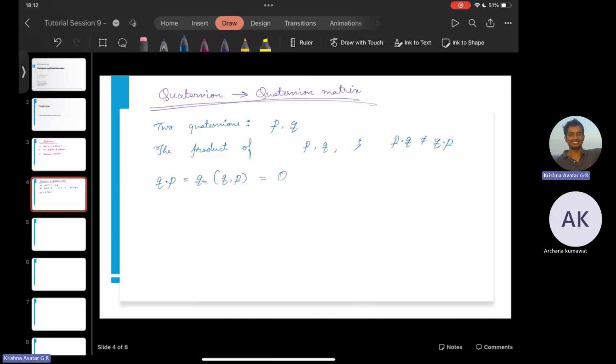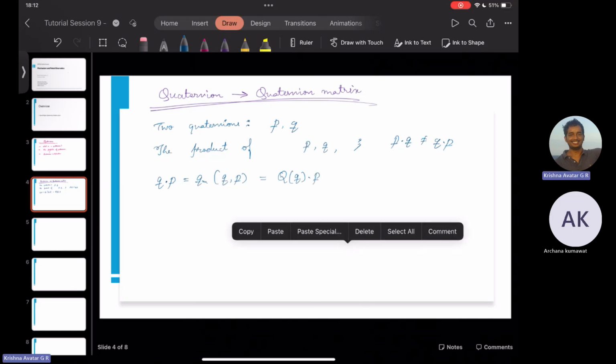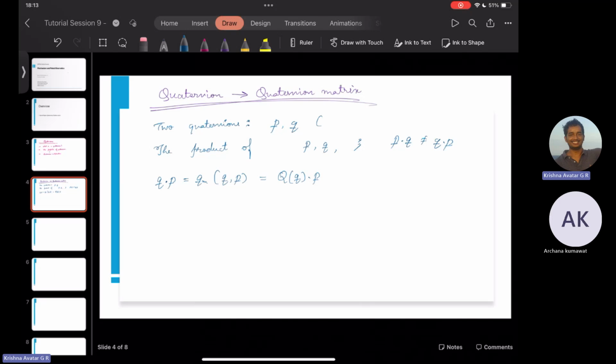And this can be written as a matrix vector product. This matrix, say Q matrix, multiplies with this P. And of course, we recall that both the quaternions are 4 cross 1 in size.